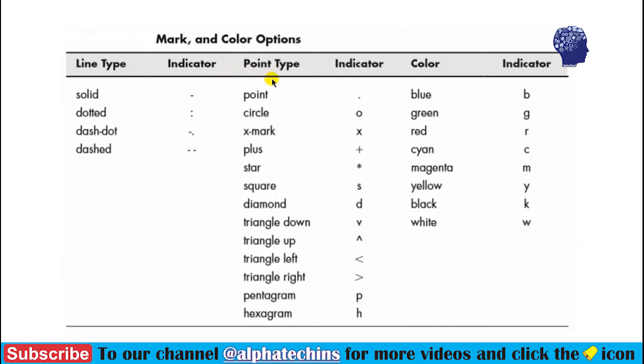These are the point types that you can use, which means at different points the values are placed. So these points are indicated by these indicators, and here we have got the color for the indicators. So let's see how we can add all these options, all these indicators in our graph.